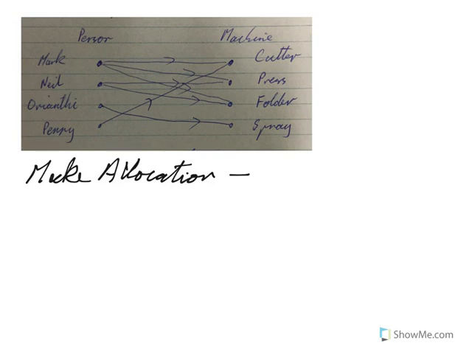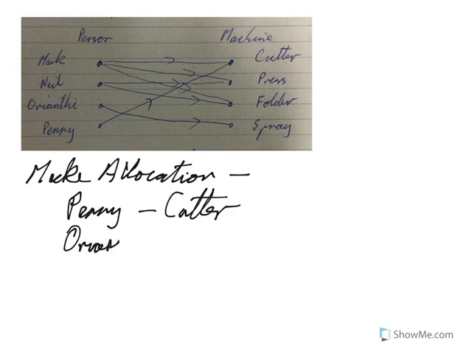So when I start here at Penny, and then I'll look at Orianthe, they've just got one line from each of them. So Penny, she needs to do the cutter. That's what she's going to be quickest doing for the whole job. Orianthe, the best thing for her to be doing is operating the spray.